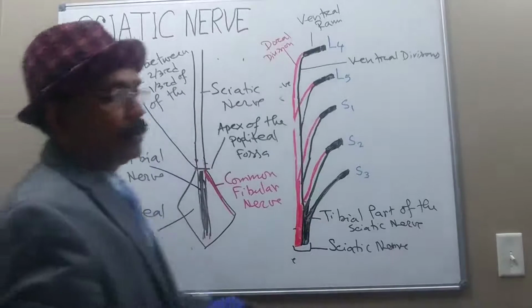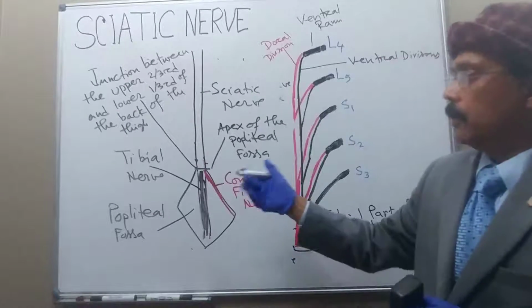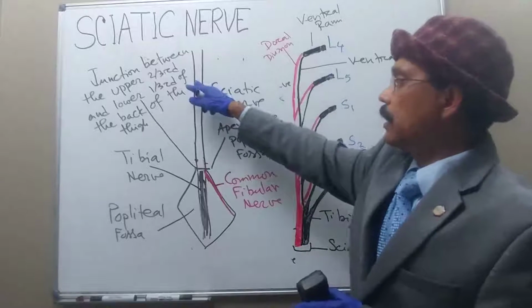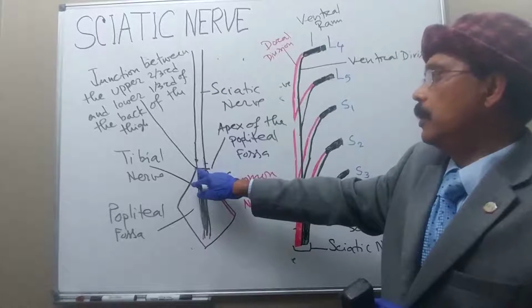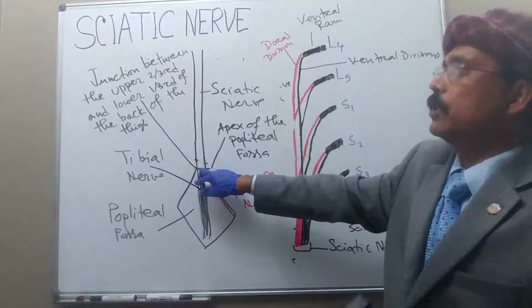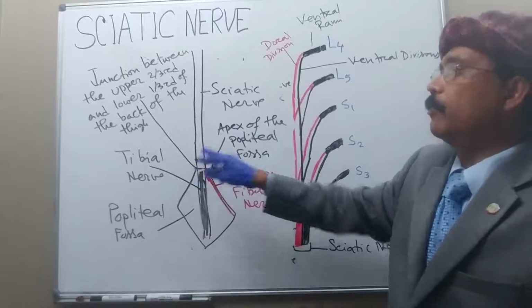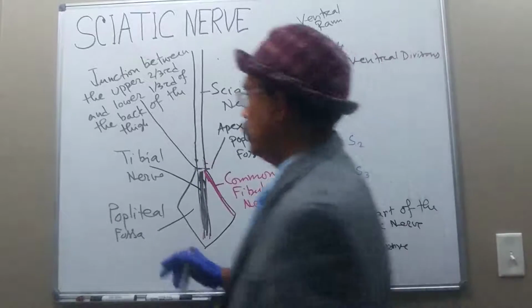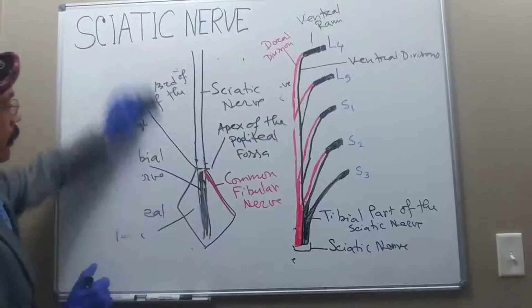So we got the division of sciatic nerve at the apex of the popliteal fossa, at the junction between the upper 2/3 and lower 1/3 of the back of the thigh. So we got the sciatic nerve.